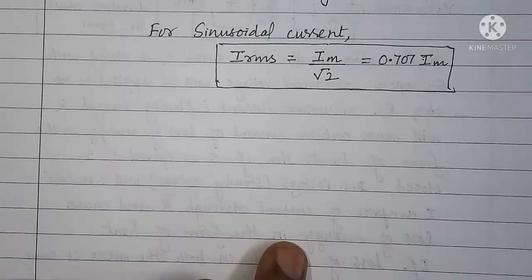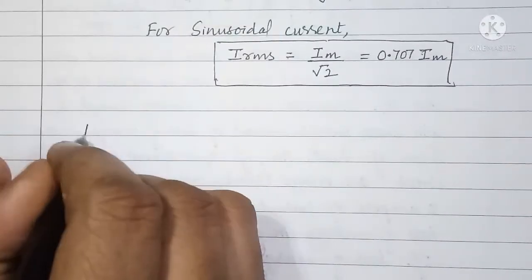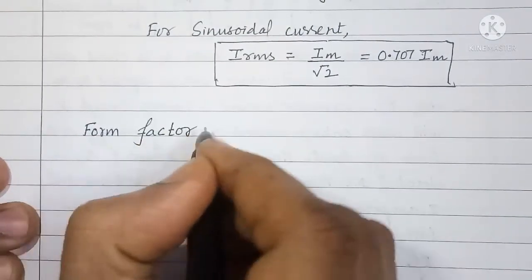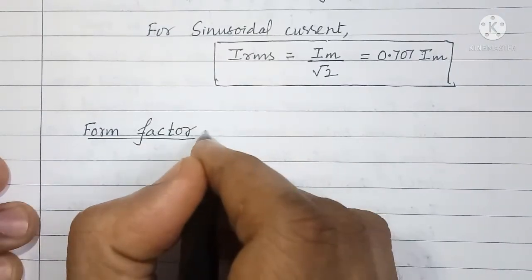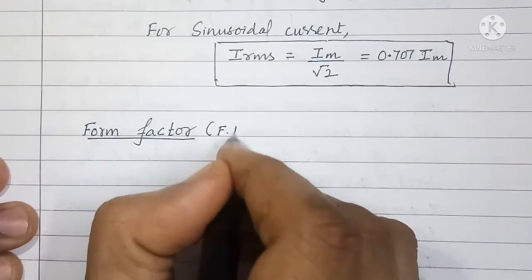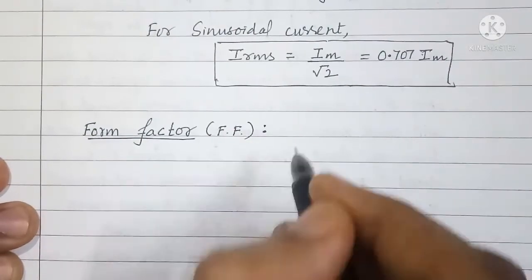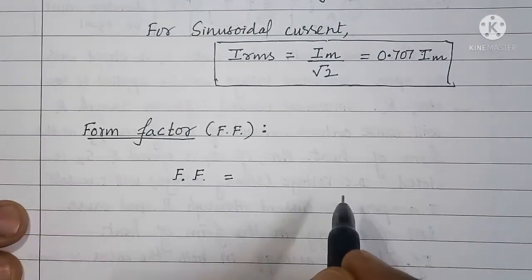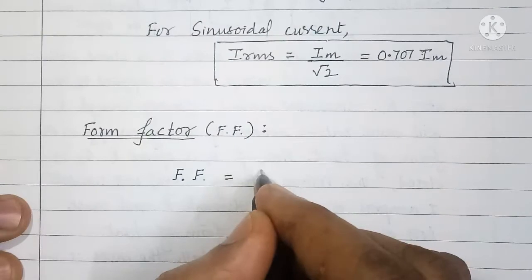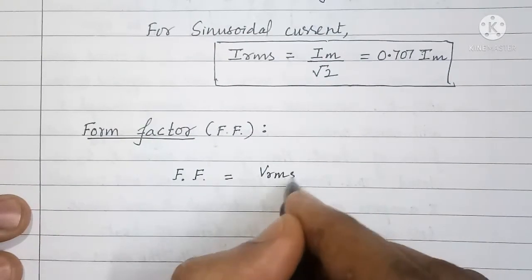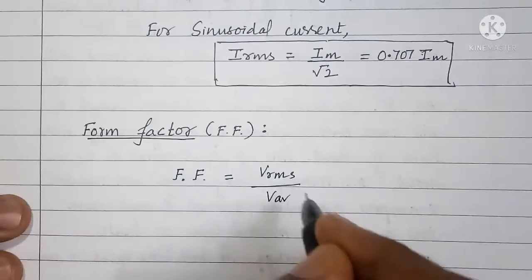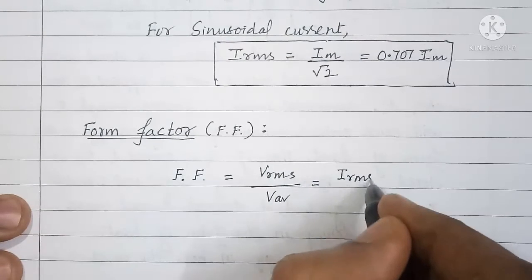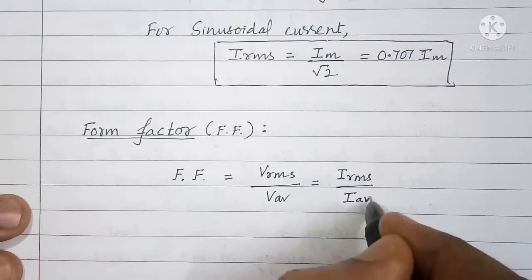Next we will define form factor. Form factor of alternating quantity is defined as ratio of V RMS to V average or I RMS to I average.